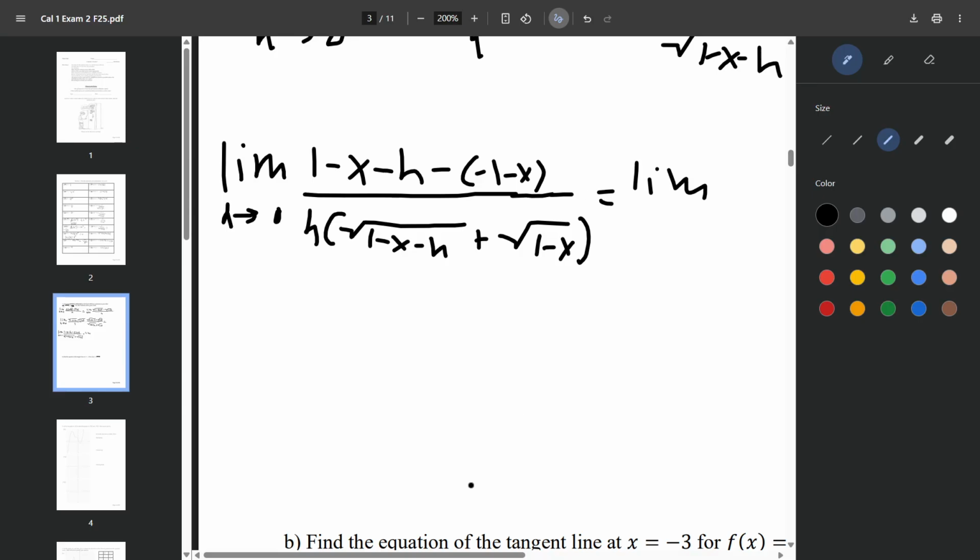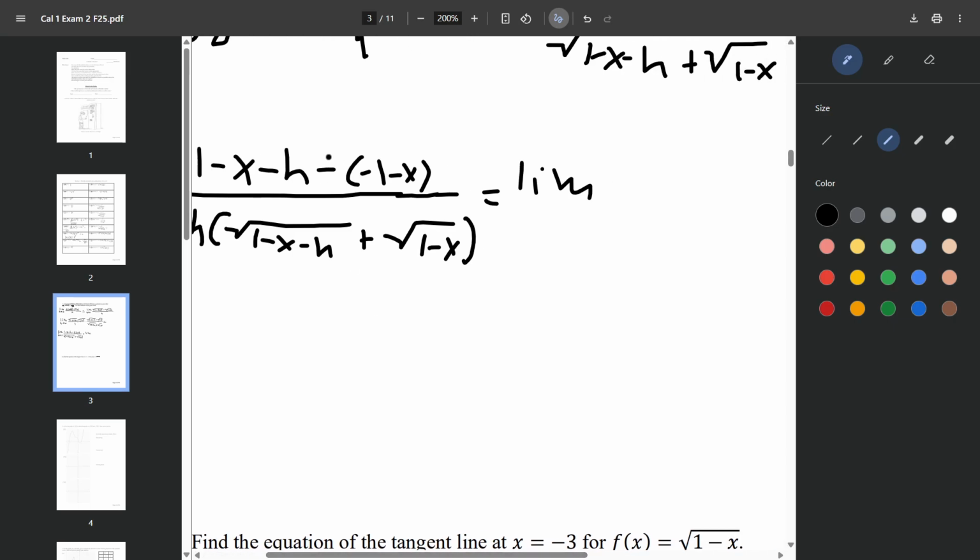Then what we're going to do is solve for the top.